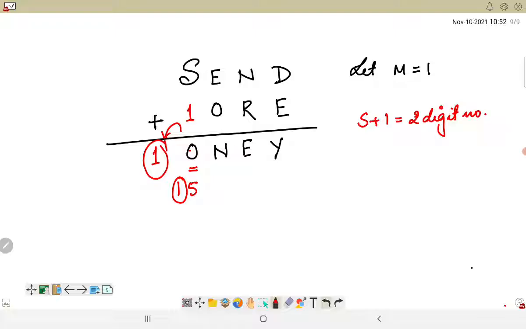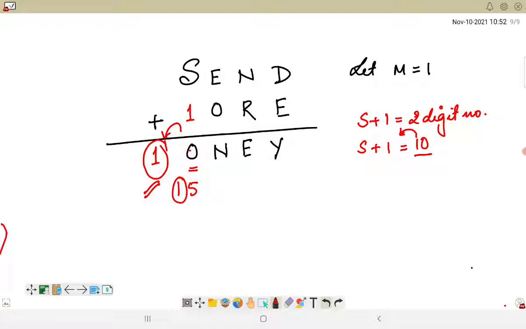Then only M equal to 1 would be possible. Which is the lowest 2-digit number? It is 10. So if I am considering S plus 1, because M is already equal to 1, so M plus S plus 1 is equal to 10. Then this will be a 2-digit number and 1 could be carried over, which will bring us to the value of M that we initially assumed as 1.